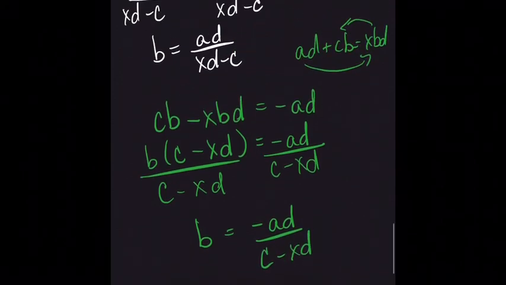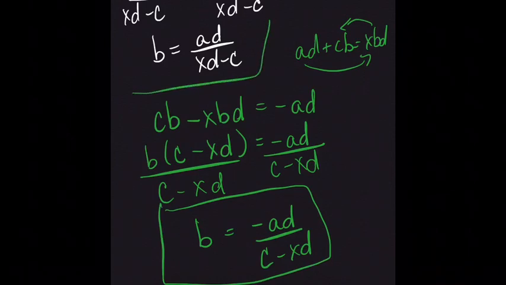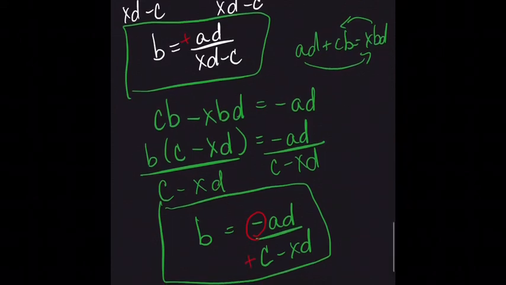So now let's take that and compare with what we did get. Is this answer any different than this answer? Well, our negatives are just in a different location. So you can see here my AD is negative and here it's positive. And my C here is positive, but my C here is negative.